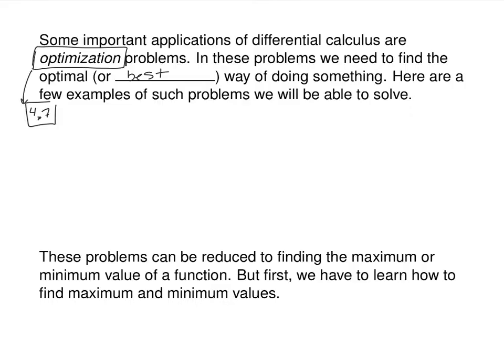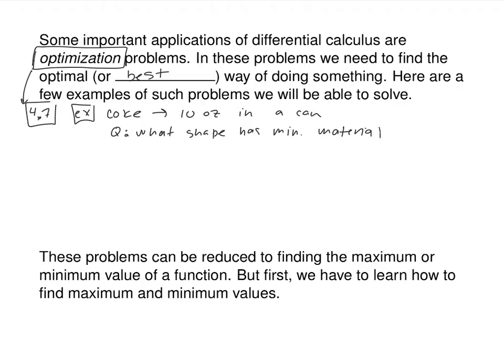So, for example, suppose that you're Coke, and you want to put 10 ounces in a can. That's something you say, I know my cans are going to be 10 ounces, right? The question you might want to ask is, what shape has minimum material for 10 ounces?